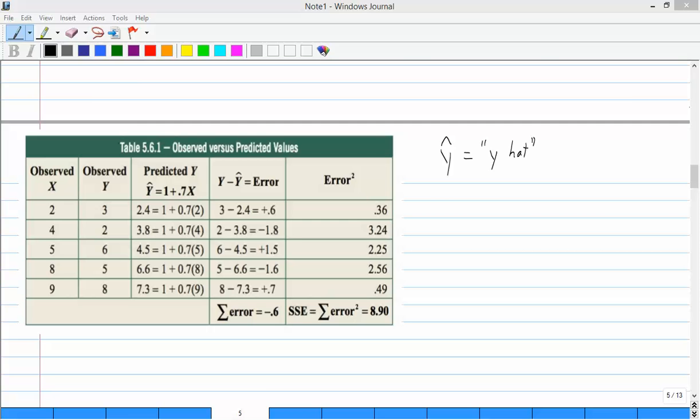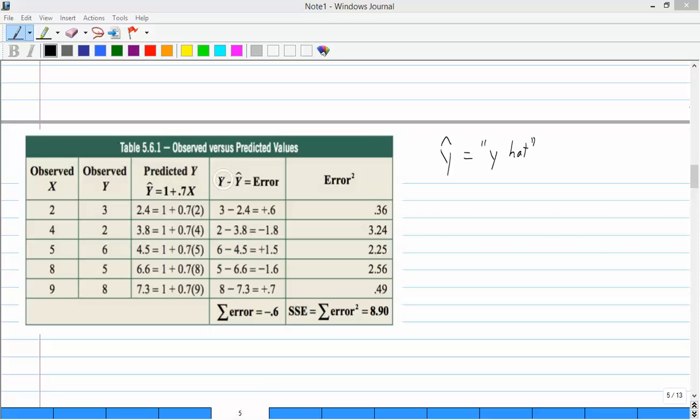And so what this table does is it gives the predicted Y, what the value would be if you plugged in X equals 2, 4, 5, 8, and 9, because those were all the points that were in the data set.